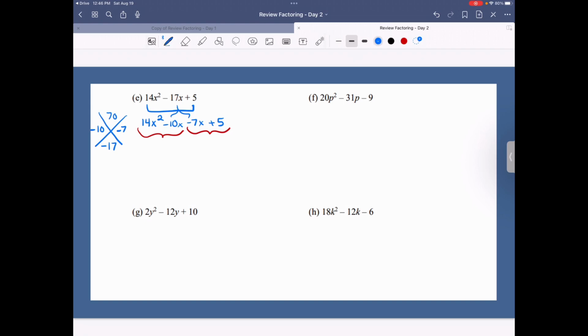So we're going to factor out a 2 and an x to leave us with 7x minus 5. Now on this next one, that's opposite of that, so I'm going to factor out a negative 1, which leaves us with 7x minus 5, and then we can make our groupings of 2x minus 1 and 7x minus 5. Box your answer.